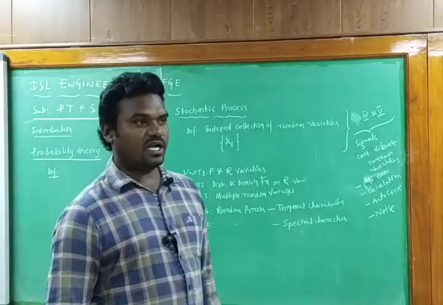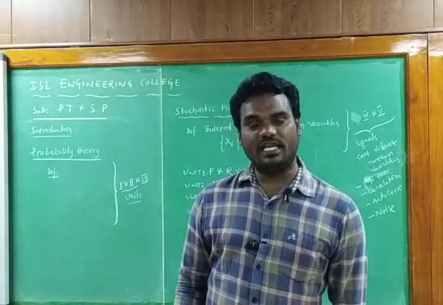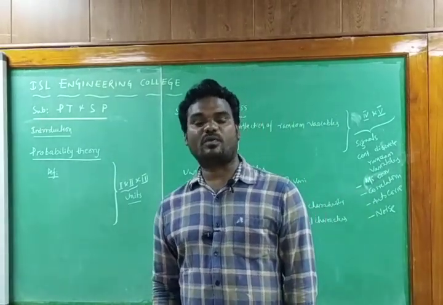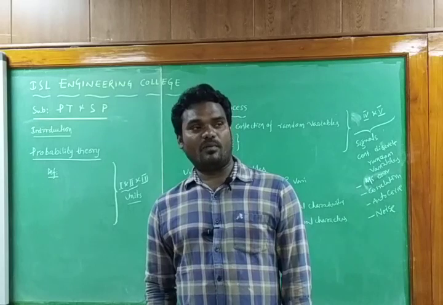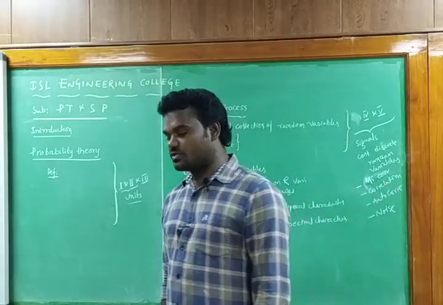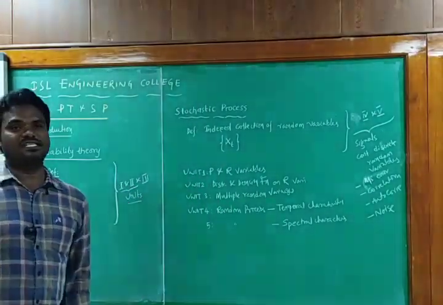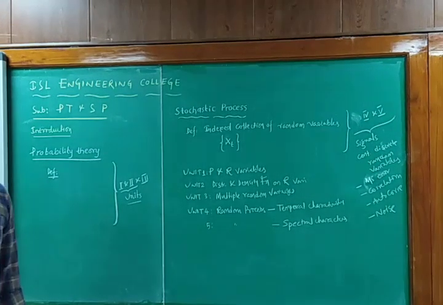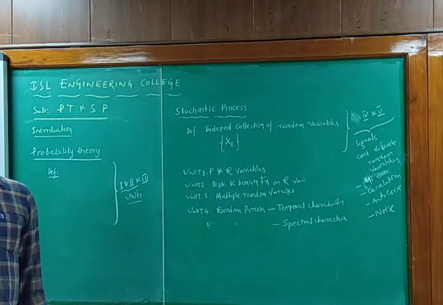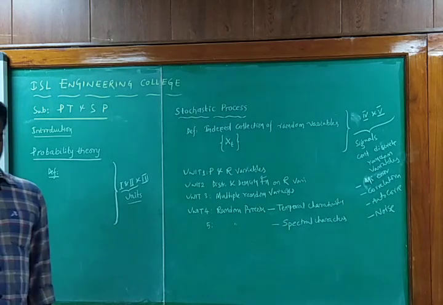The possibility of getting the tail is sometimes called probability. The possibility of getting the head is also sometimes called probability. So finally, probability is nothing but the possibility of occurring an event in a random process.